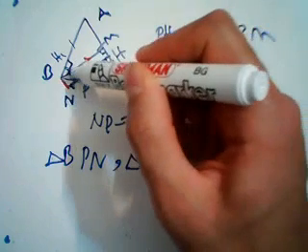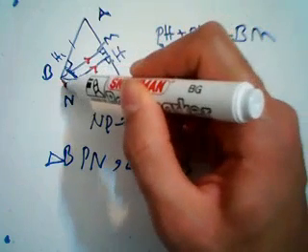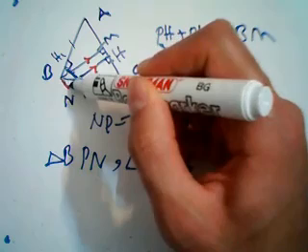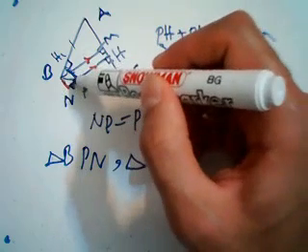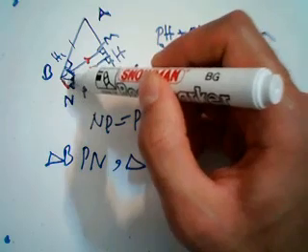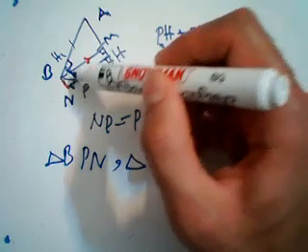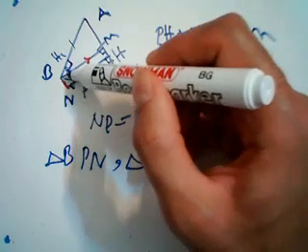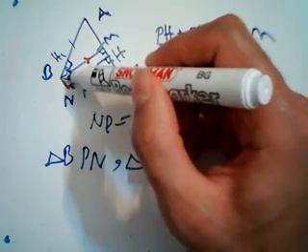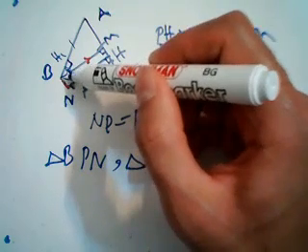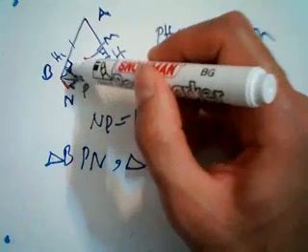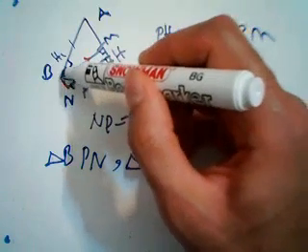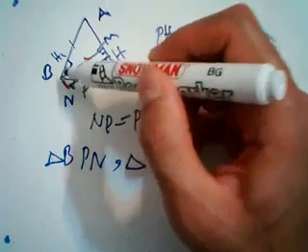Here we want to prove that this is a right angle. We want to see if the two triangles here are congruent, then this angle should be equal to this angle, which is 90 degrees.